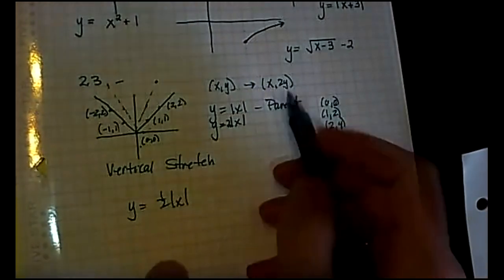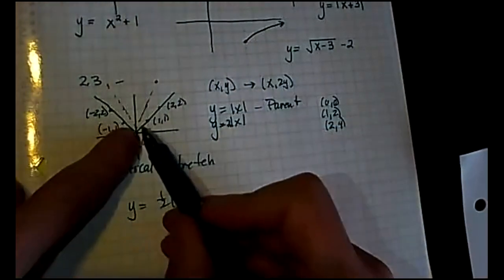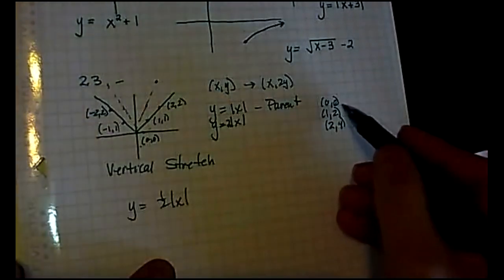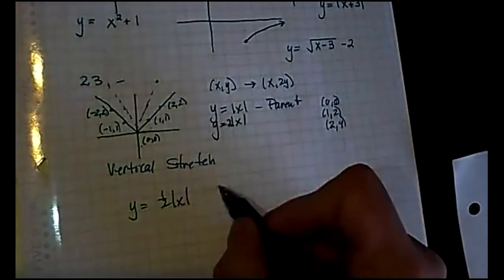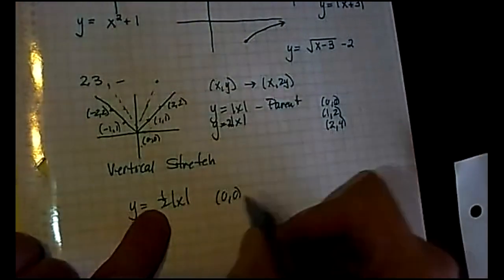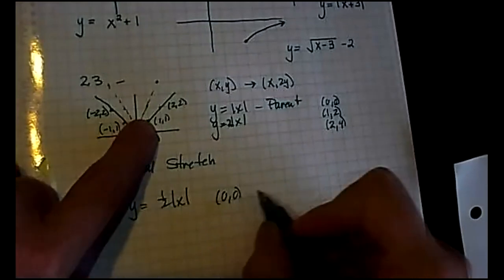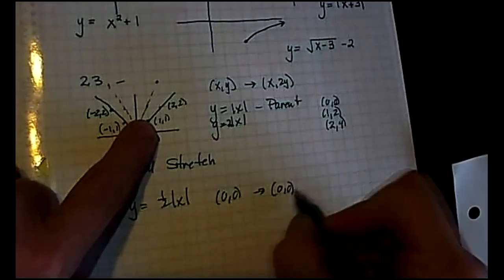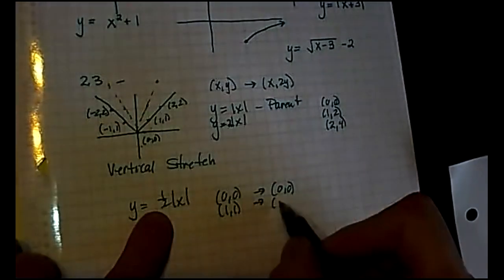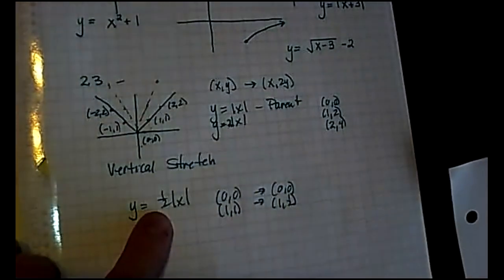I'm going to multiply it times the y value. So these are my parent ones. Here's the parent right here. If I have 0, 0, and I multiply the y value by this, it's still 0, 0. If I have 1, 1, and I multiply the y value by 1/2, that becomes 1, 1/2, right?